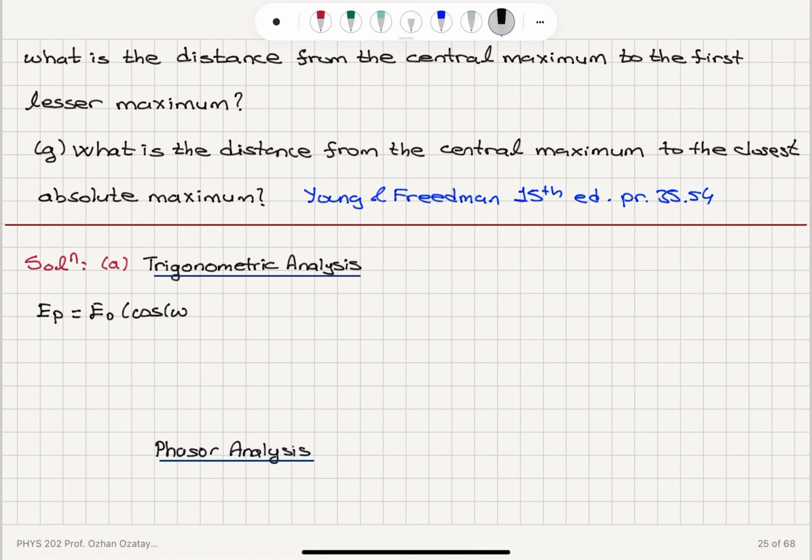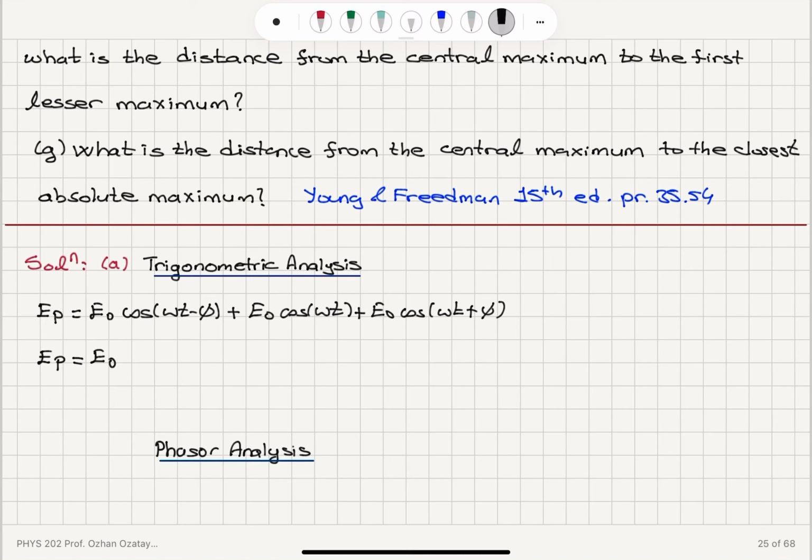So we have E0 cosine(omega t minus phi) plus E0 cosine omega t plus E0 cosine(omega t plus phi). If we add them up, we can use the cosine A plus B expansion.